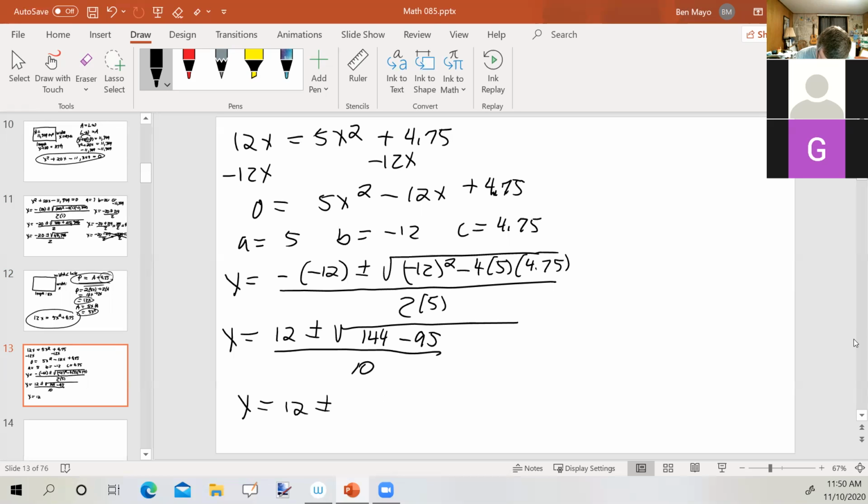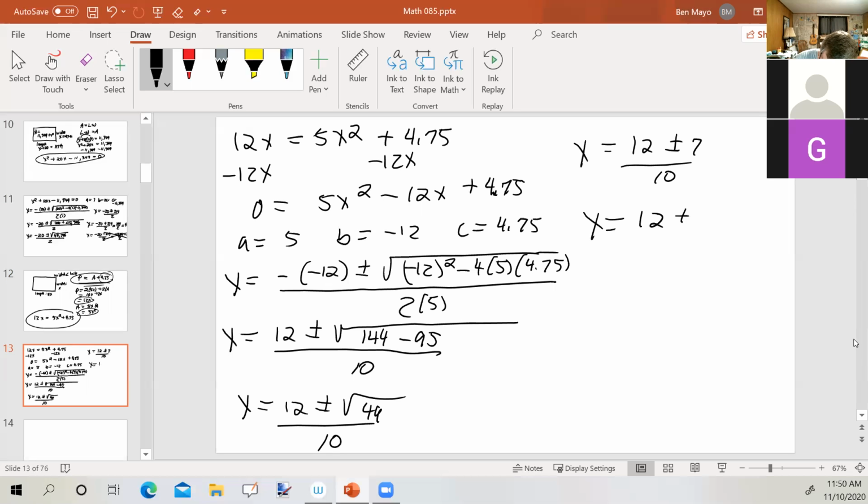X is 12 plus or minus the square root of 144 minus 95, which is 49, all over 10. Okay, so x equals 12 plus or minus 7 all over 10.